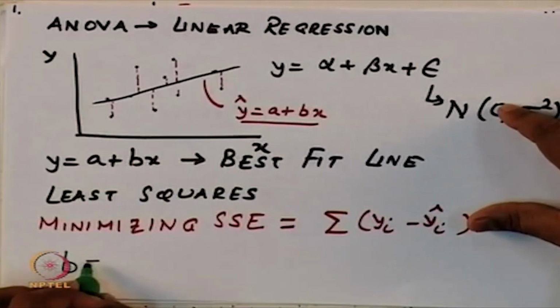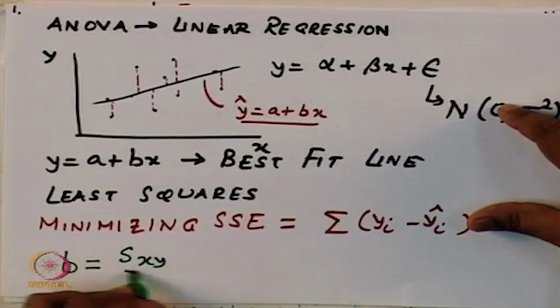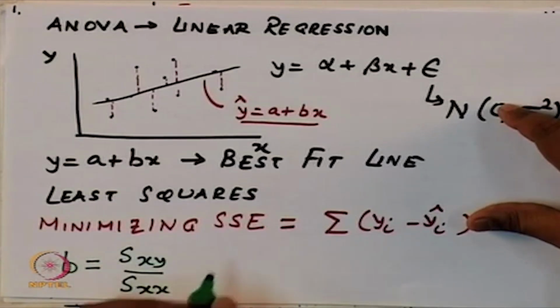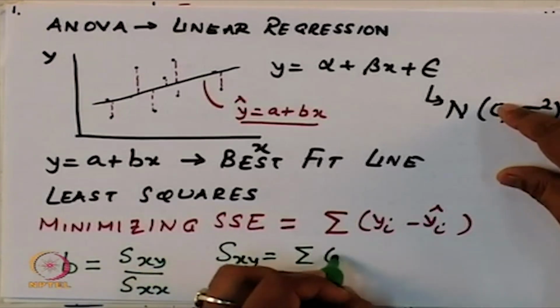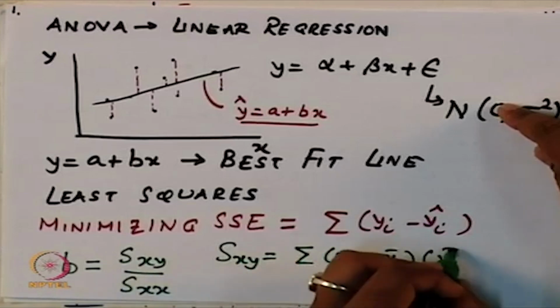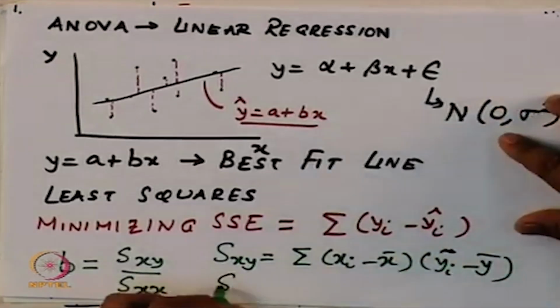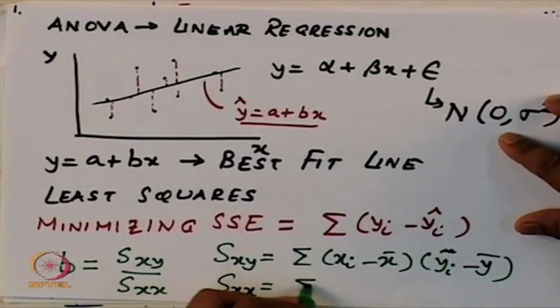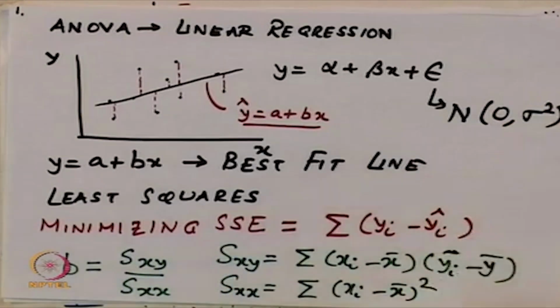So, b is given by S of xy by S of xx, okay, where S of xy is given by summation of xi minus x bar into yi minus y bar. Okay. And Sxx is summation of xi minus x bar whole square. Okay.